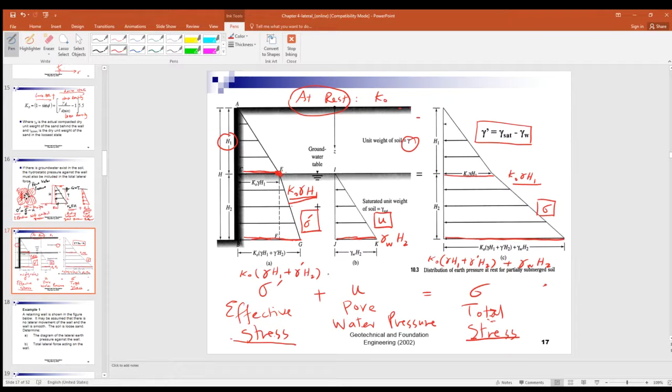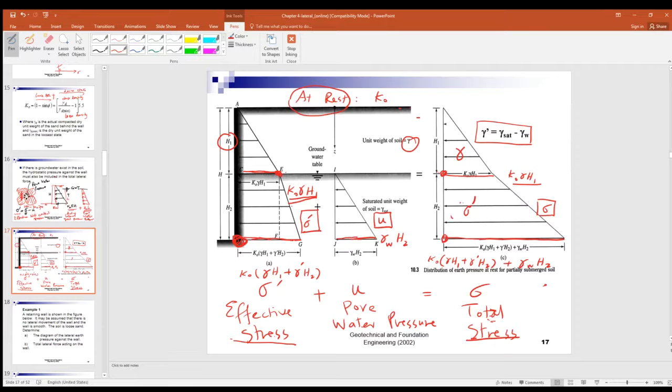What about point G at the bottom, right? We want to work out the total stress first. Here, what's the total stress up to this point? Because you have gamma here, and the effective stress here. What's the effective stress?